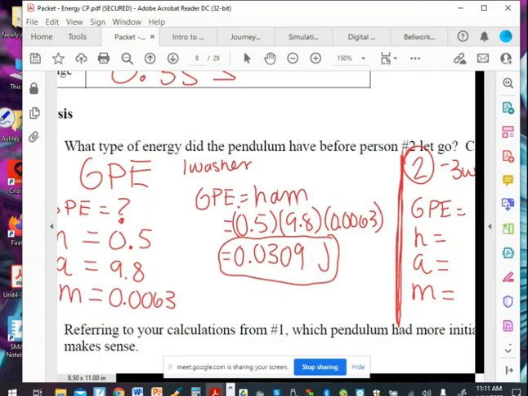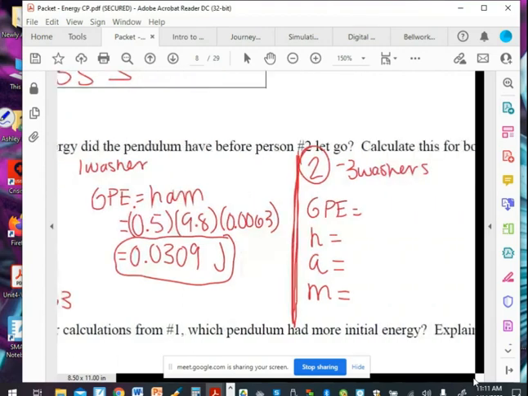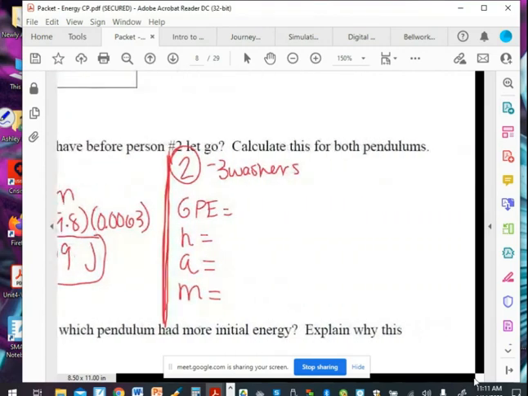All right. So now we're going to go ahead and do the same thing for number 2. The only thing that's different here is my mass. Everything else is the same. My GPE is my question mark. My height is 0.5. My acceleration is 9.8.